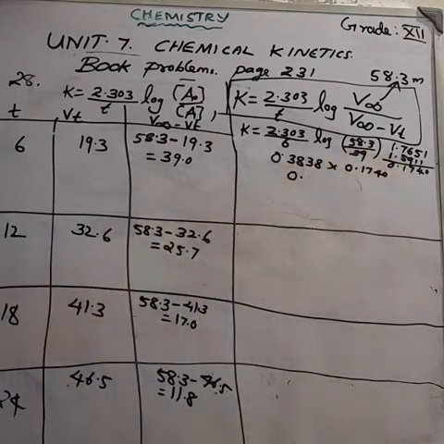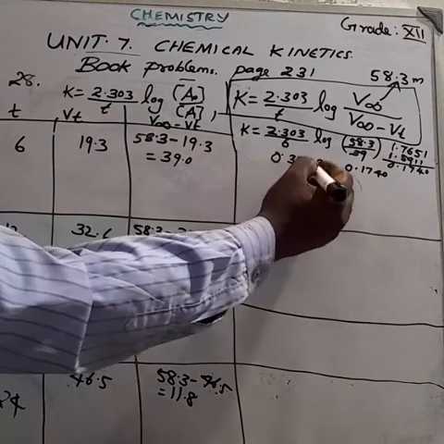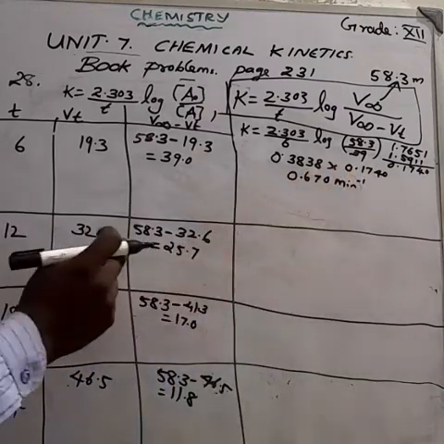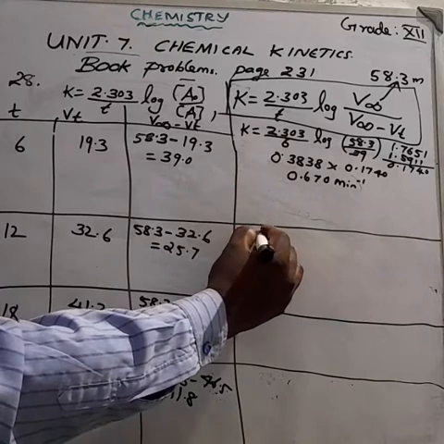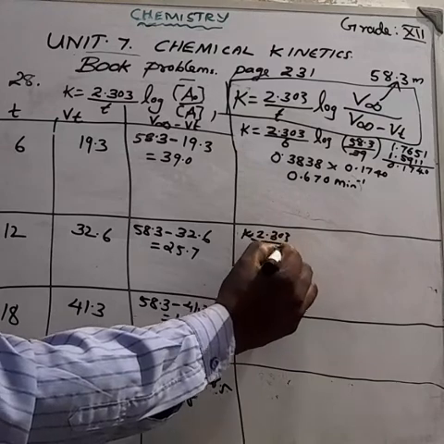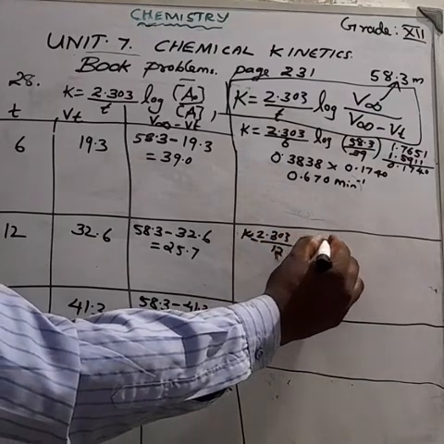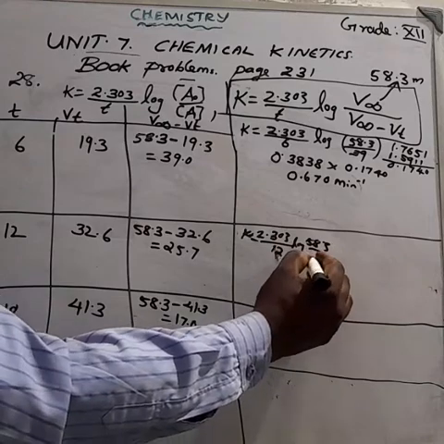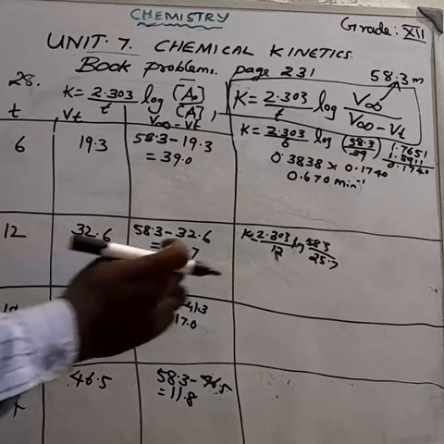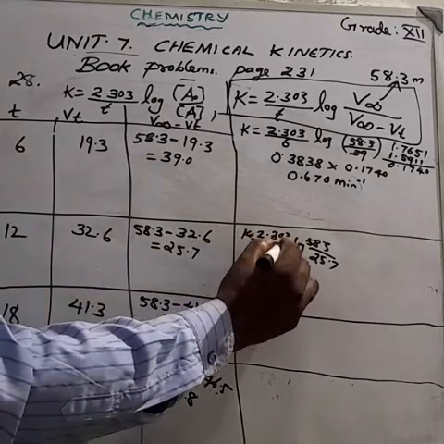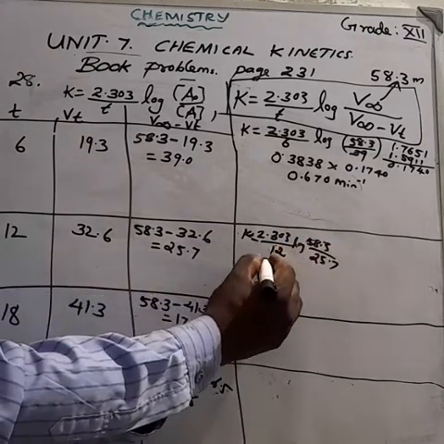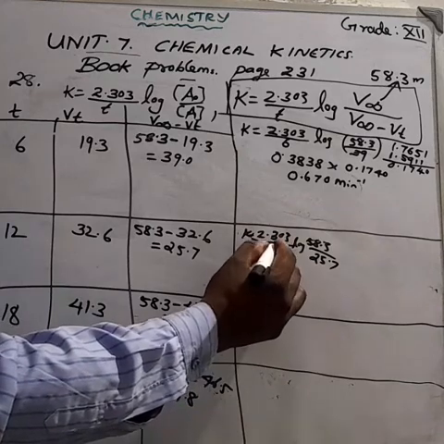Next I am going to take 12 minutes. Same like that, we have to do all. K is equal to 2.303 divided by 12, log of 58.3 divided by V infinity minus Vt, that is 25.7. Dividing 2.303 by 12, I get approximately 0.1919.